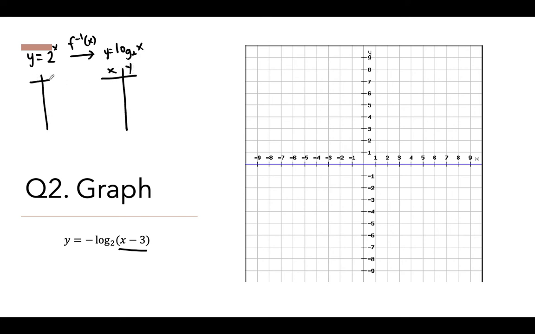Because my original function is going to be negative 1, 0, 1, 2. So it's going to be negative 1, 0, 1, 2. And you do the inverse. So it's going to be 0.5, 1, 2, and 4. Okay.